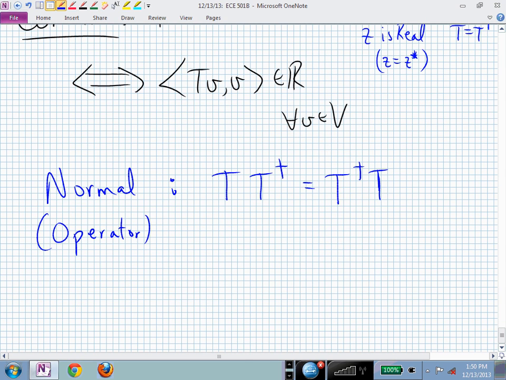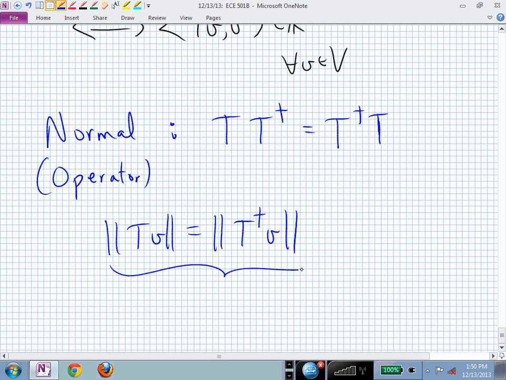Another pretty powerful result is that the norm of TV is equal to the norm of the adjoint applied to the same vector V. That particular result says that the null space of the linear operator T is the same as the null space of its adjoint.